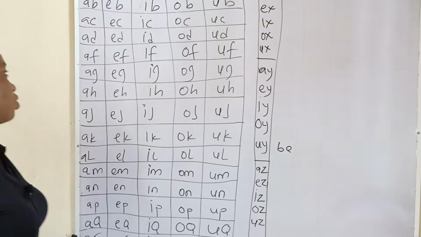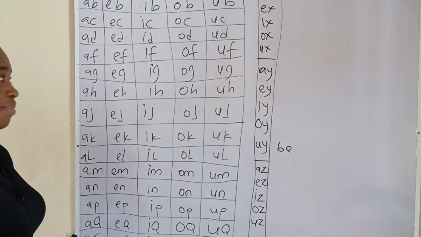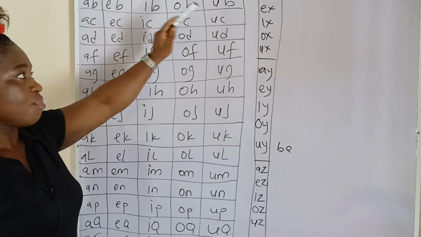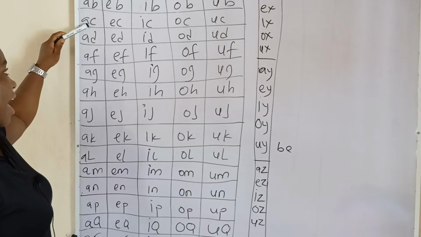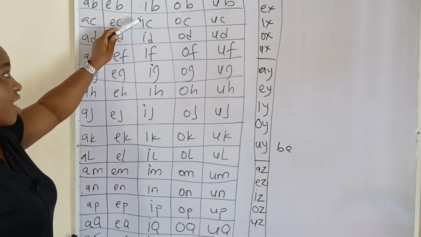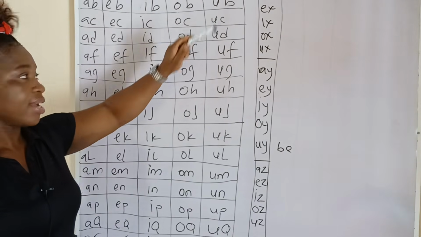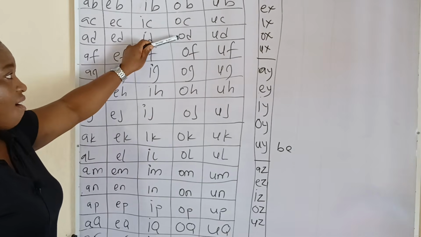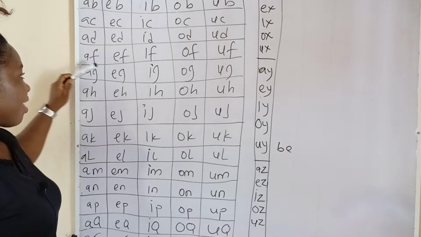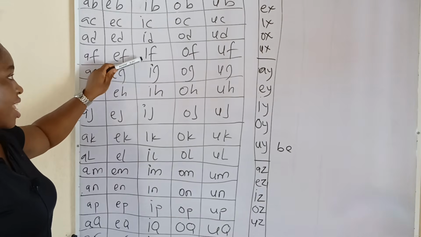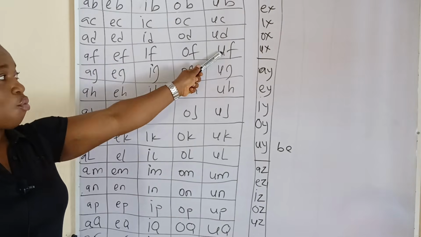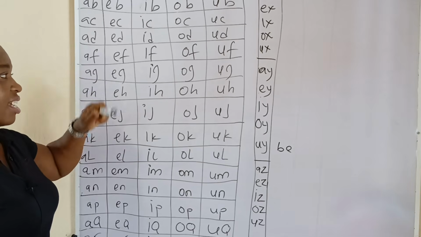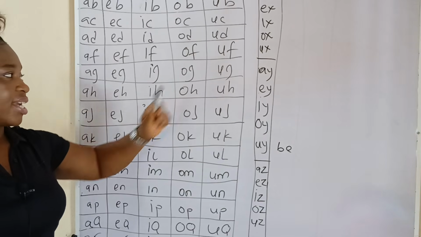So let's recite this alphabetically. Ab, eb, ib, ob, ub. Ak, ek, ik, ok, uk. Ad, ed, id, od, ud. Af, ef, if, of, uf. Ag, eg, ig, og, ug.